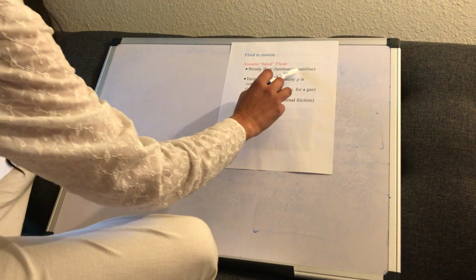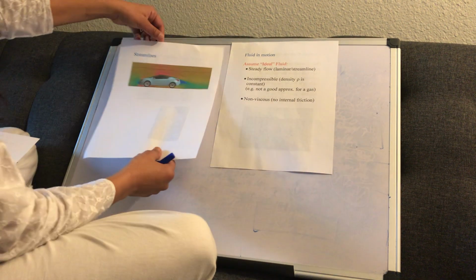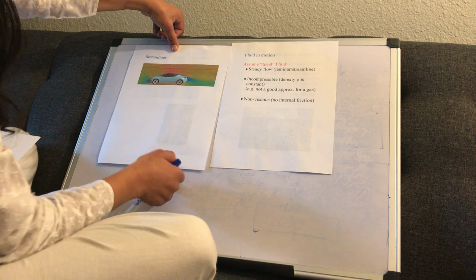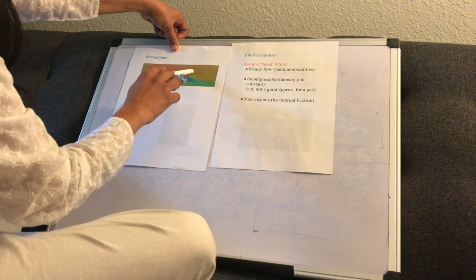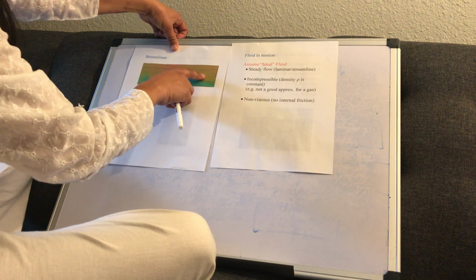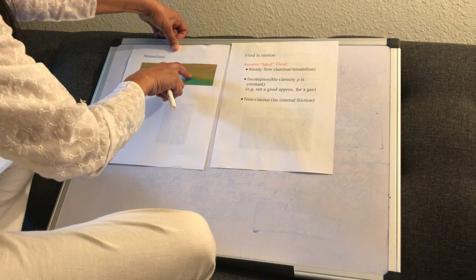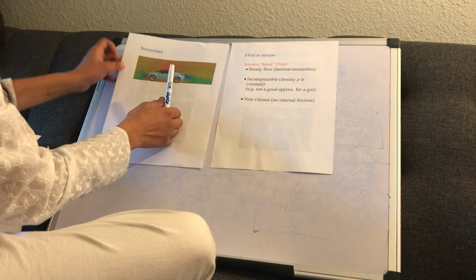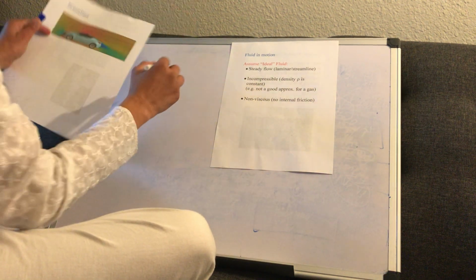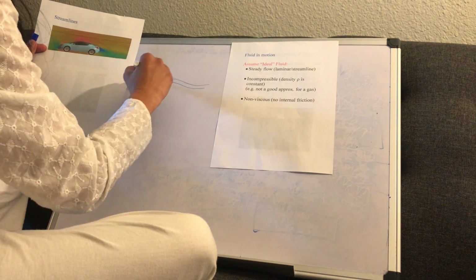There is also the word streamline. You may ask, what is this streamline? Here is an example of streamlines. We have a car here, and outside you see the pathways for the flowing air. The lines look something like this, they go like this.